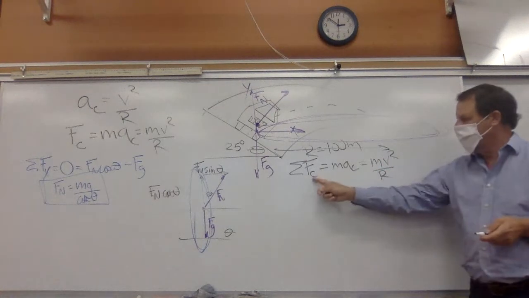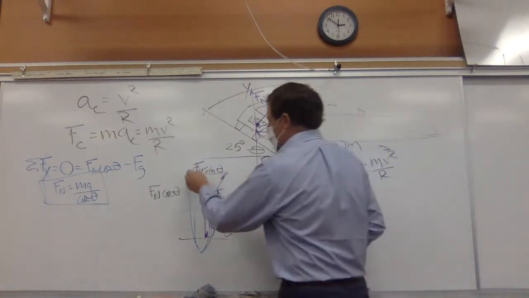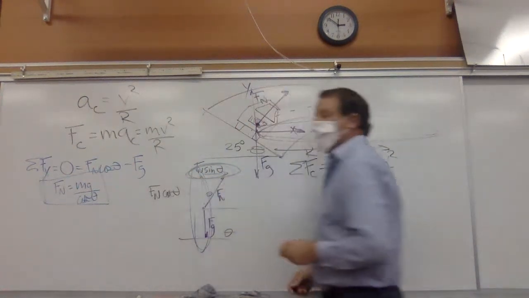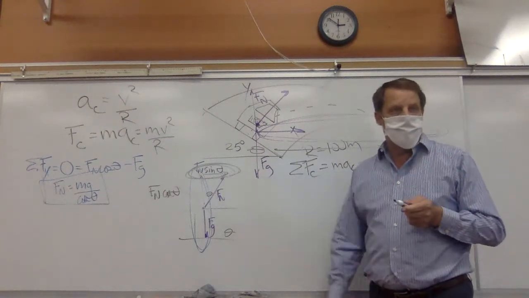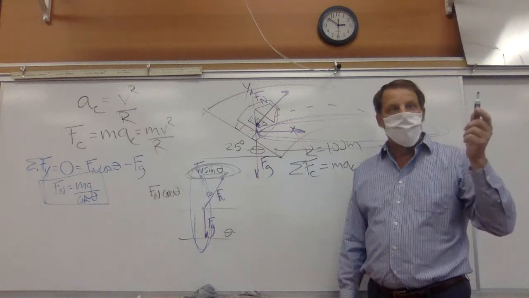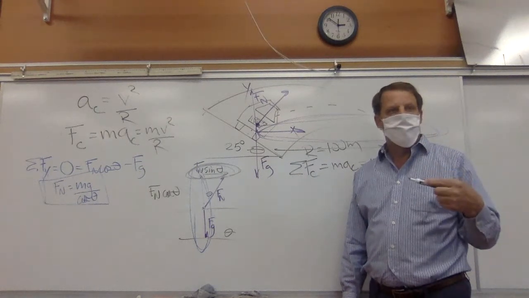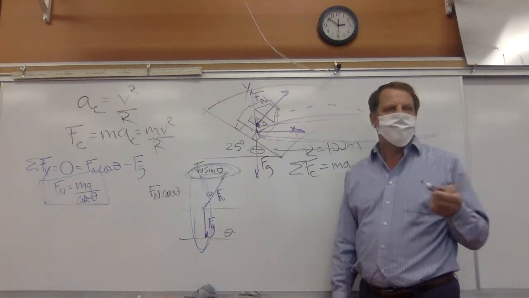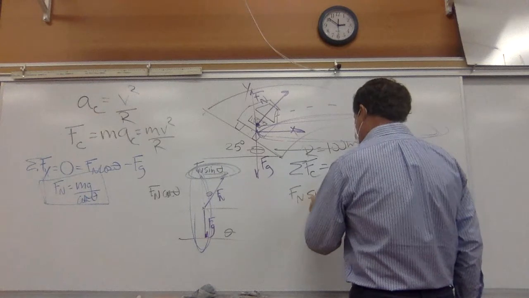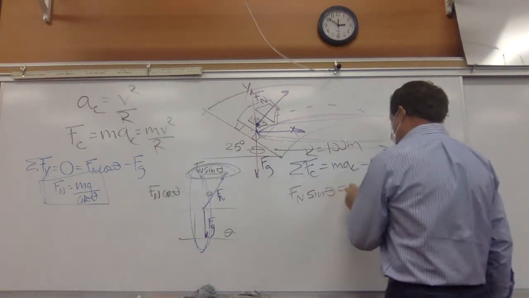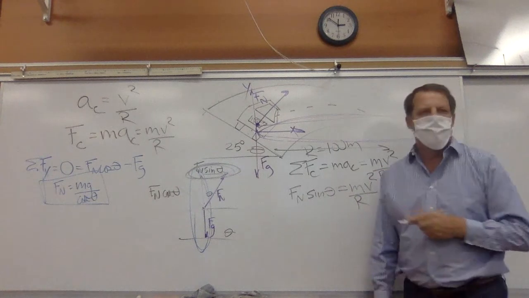So the sum of the forces towards the center is mv squared over r. And we're going to go back to our free body diagram. The only thing that is going towards the center is our portion of the normal force that's going towards the center, which is Fn sine theta. So we're going to have Fn sine theta is equal to mv squared over r.